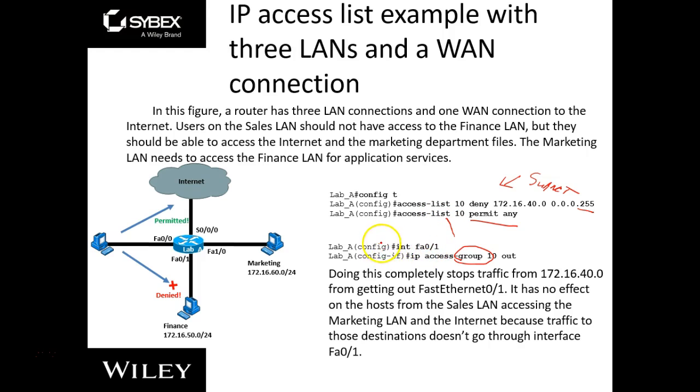Access class is what we use for VTY, which is class. Fast Ethernet and serial interfaces are going to be access groups. And the access group, again, this is 10, I wrote over it. The access group is the same number as the access list.